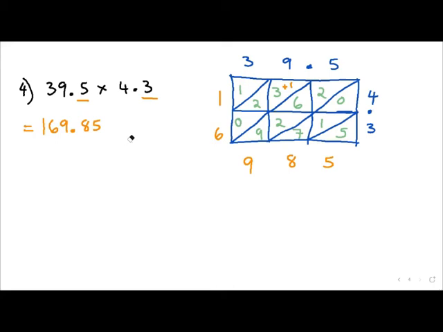Because at the end of the day, I know with the other strategy, students often struggle with the point. In fact, if I'm being honest with you, I've seen students do this. So if we multiply 39.5 times 4.3, I've seen students keep the point coming down the line.